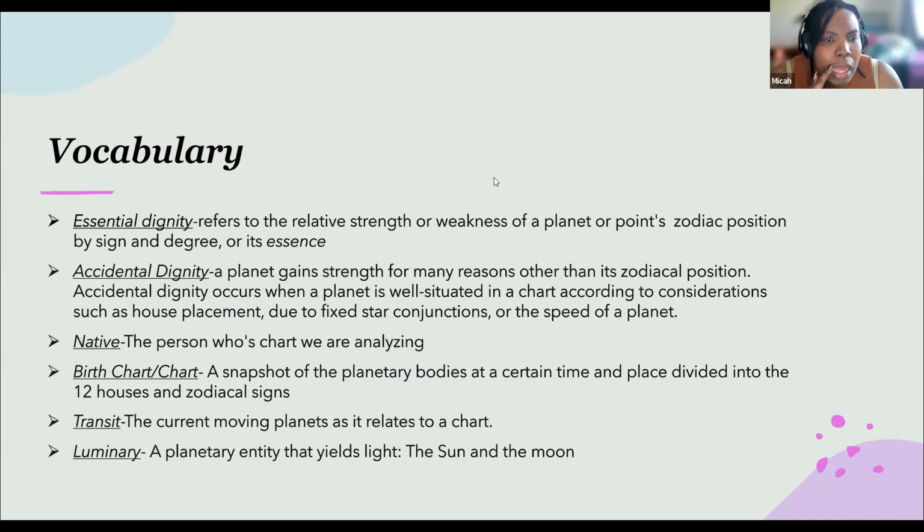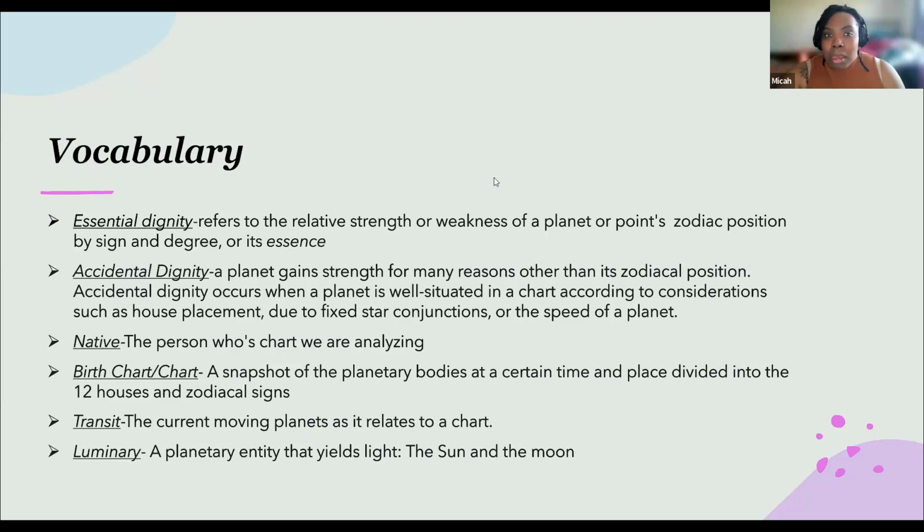Basically everything we learned in the intro to astrology course is what an essential dignity is. So you already know essential dignities, and I didn't even call it that.